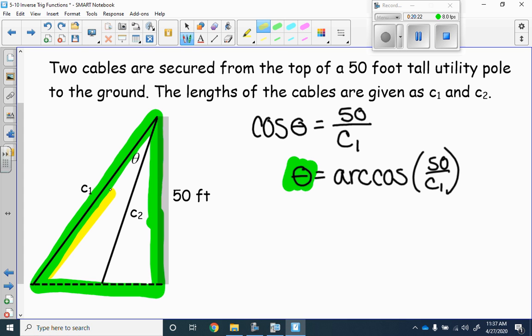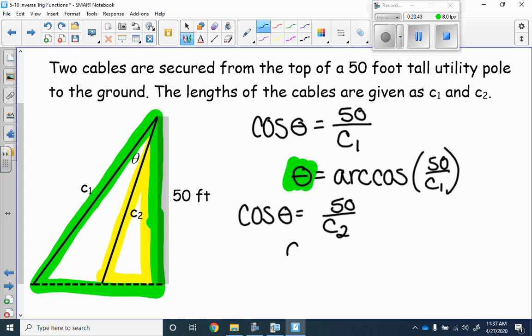Now, if I look at the smaller right triangle, if I can work with that angle and subtract it from that green triangle, that will give me my leftover part of theta. I would also use cosine here. So cosine of theta would actually be 50 divided by C2 in this situation. So we would take the arc cosine of 50 divided by C2.